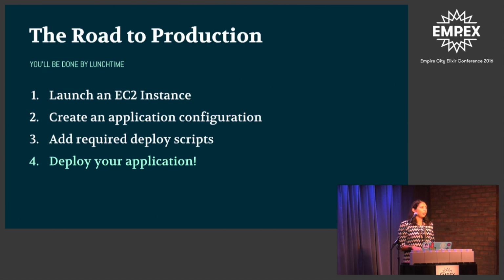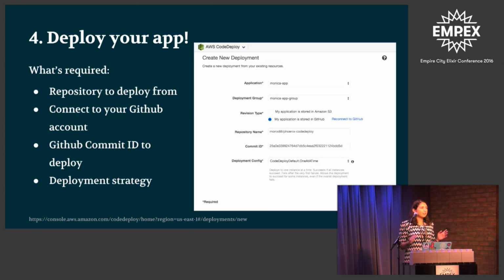Now, once you have all of your scripts in place, you can actually deploy your application. This is the screen that you use every time you want to deploy a revision. To back up a little, there are two ways you can deploy code through CodeDeploy. You can pull code directly from GitHub, or you can read from S3 storage.